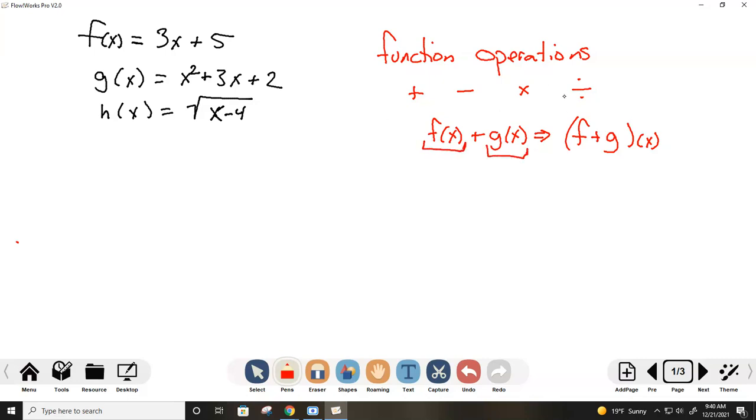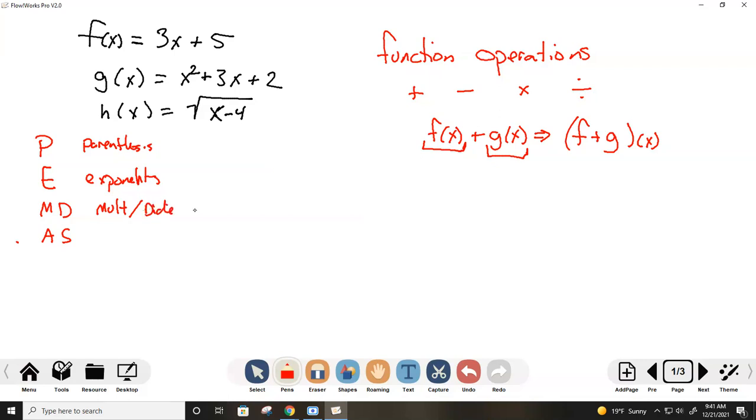Let's do a segue back to order of operations. You might remember this as, please excuse my dear Aunt Sally. P was for parentheses, E was for exponents, M and D is for multiply or divide.